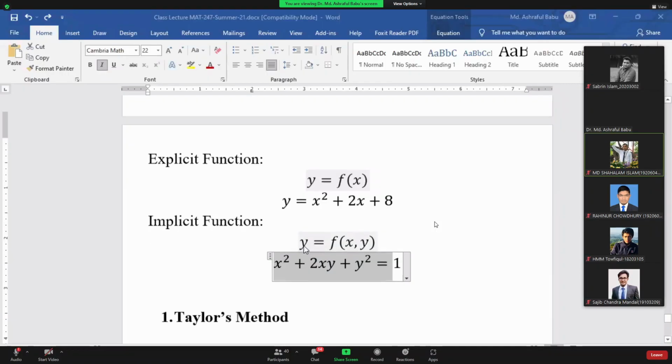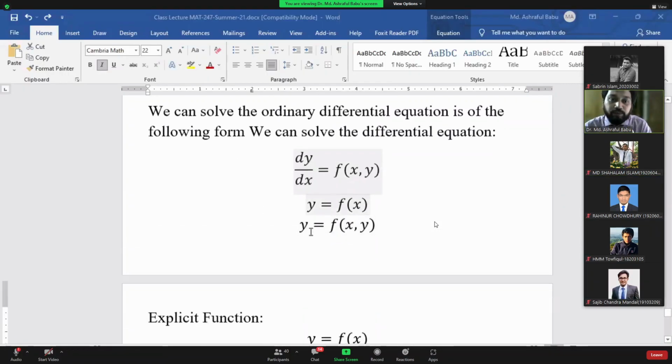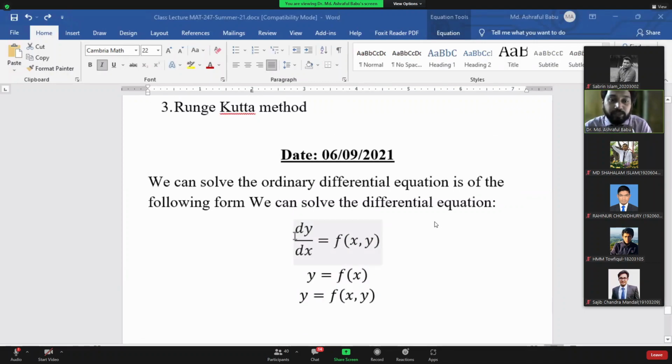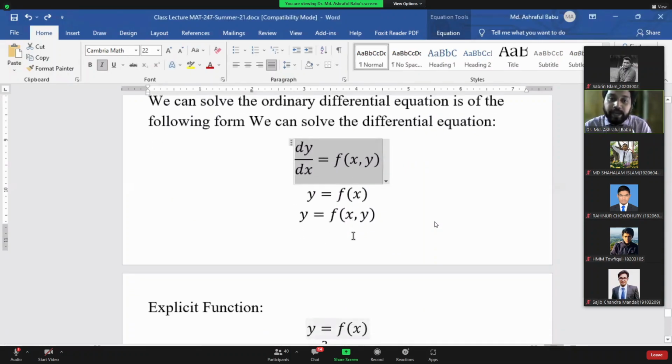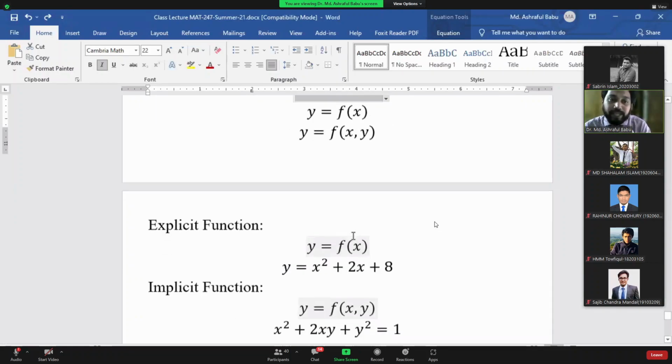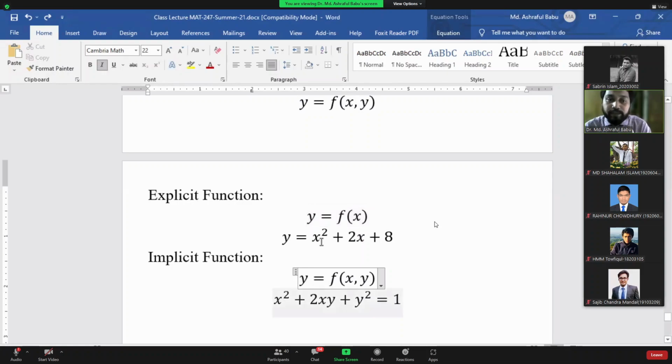So this implicit form, when we are differentiating, we are talking about the implicit form of the differential equation. We can solve these types of problems. And this implicit form we can modify or simplify and convert into an explicit form.